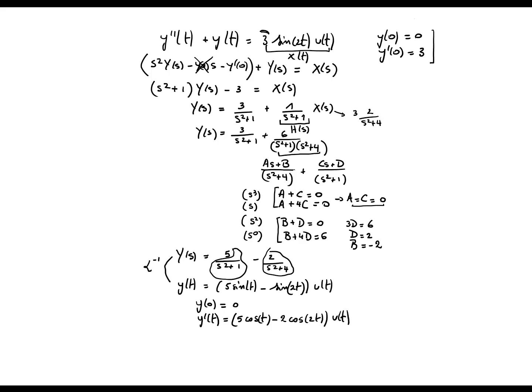So let's have a look at the value of the derivative in 0, and we have 5 minus 2, and this is indeed equal to 3. So now we're finished, and we're kind of sure that we didn't make any mistakes, because, well, we meet the initial conditions.